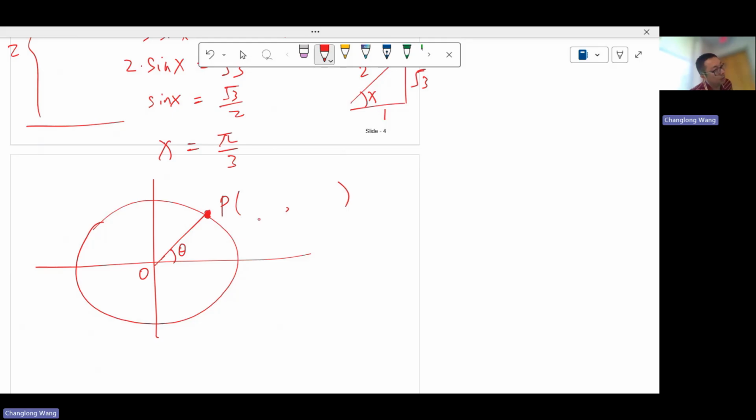What kind of coordinates am I looking at for the point P in terms of theta? What goes to the horizontal coordinate? Is it sine theta or cosine theta? Cosine theta, right? Somehow it's not what you normally think, right? Sine theta goes first. It's actually cosine theta. And then you have the sine theta.